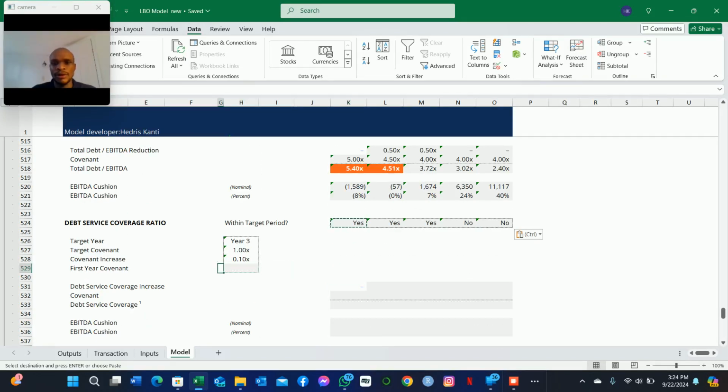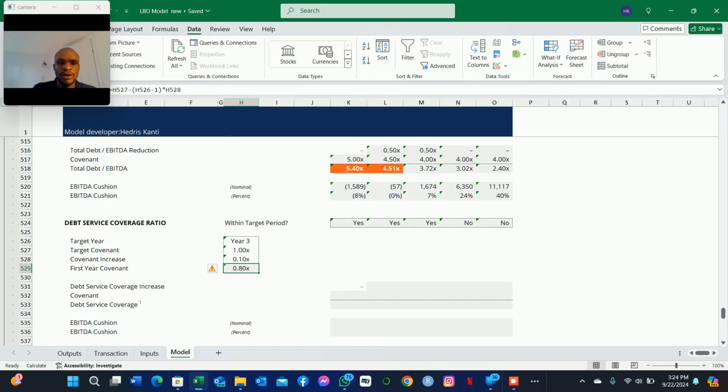For the first year of covenant, it's going to be another intuitive formula. We are saying that the target covenant, in this case, we have to deduct whatever the target year is, and then subtract 1 from it, multiply that by our covenant increase of 0.1 times.